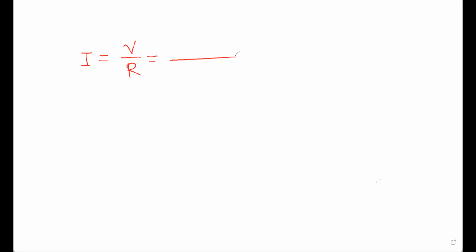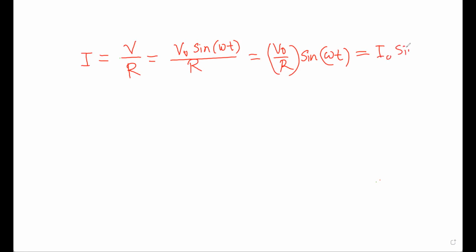So if I substitute the value of V, V0 sine omega t over R, I get something like this: V0 over R sine omega t. So I can write this as the peak current, I0 sine omega t. Here I0, which is equal to V0 over R, is the peak current.